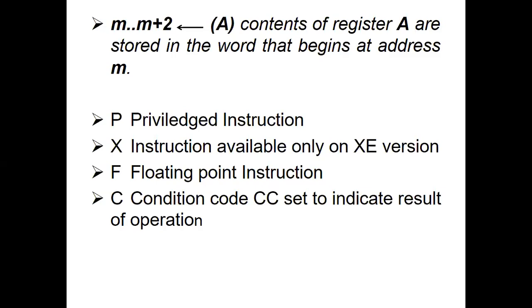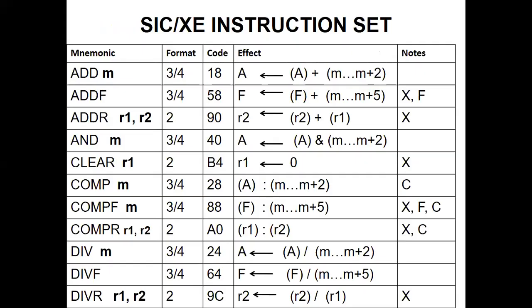Where you find an F, it means that the instruction is using a floating point accumulator. And where you find CC, those are condition codes. That means when that particular instruction is executed, some flags will be set.